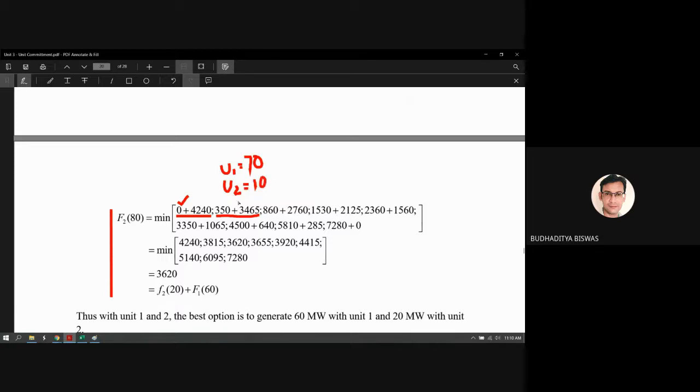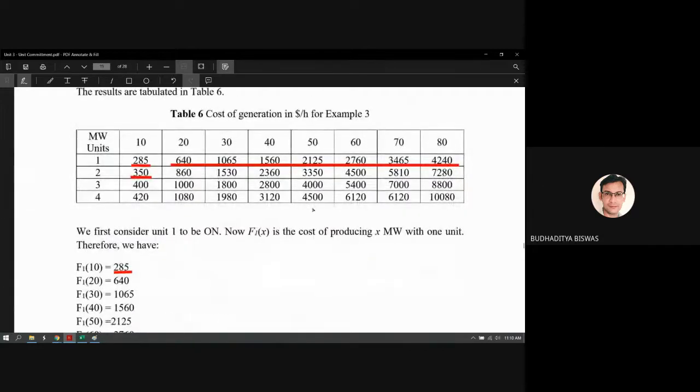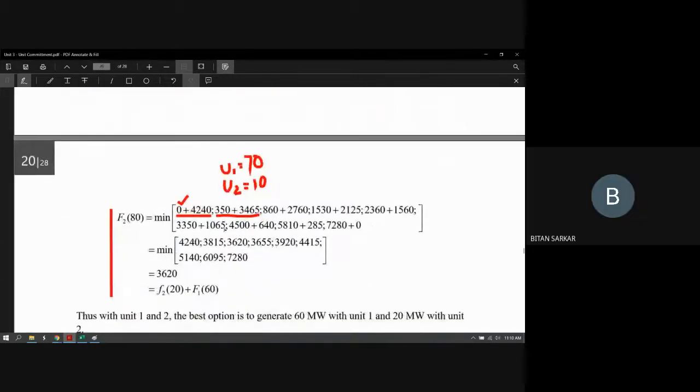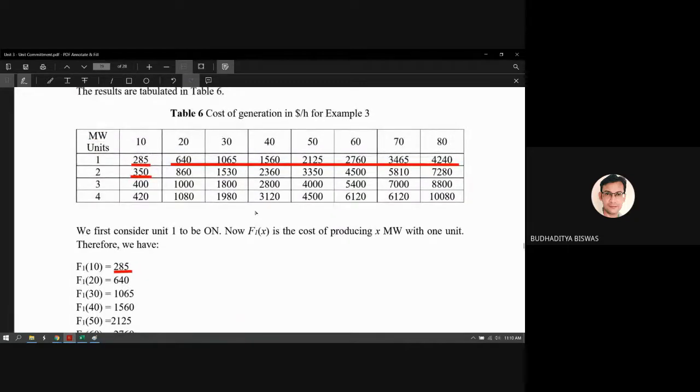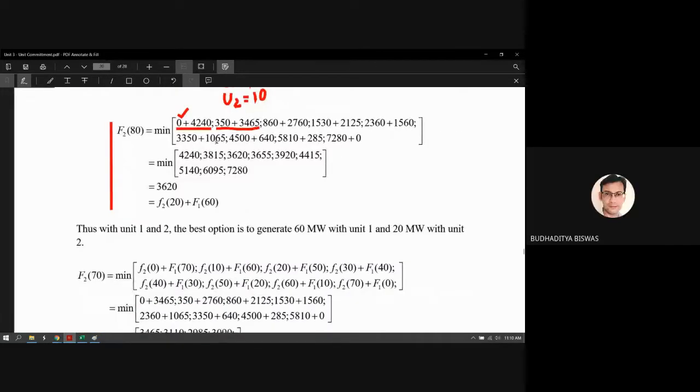Production cost of unit 1 to generate 70 megawatt? 3465. You see, 3465 is written. Now what will be the production cost of unit 2 for generating 10 megawatt? Unit 2, 10. 350. You see that 350 is written here.